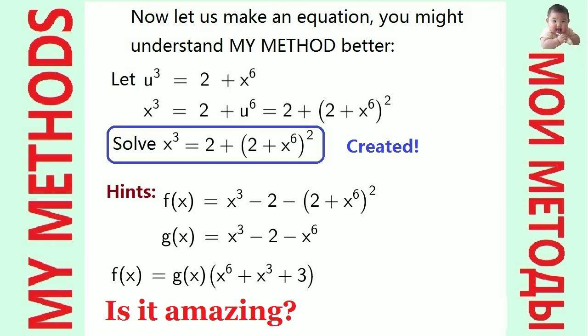This part is easy to solve. So f(x) equals 0 must be easily solved. Is it amazing? But this is only my guess. What is the principle? I don't know. You tell me.